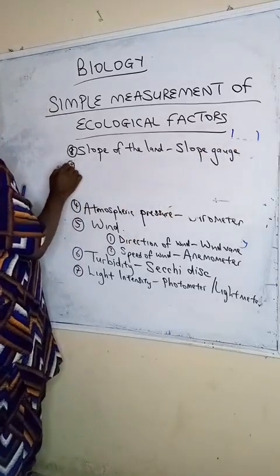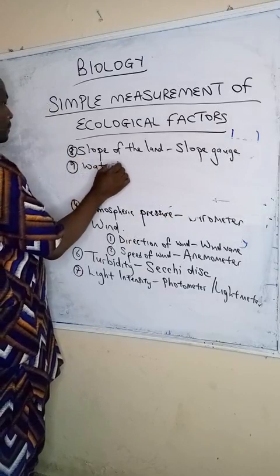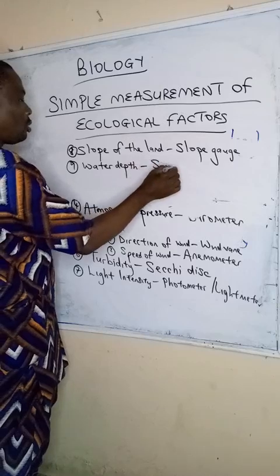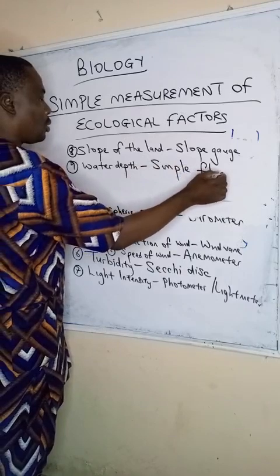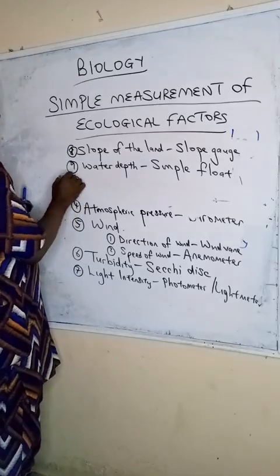Number 9, water depth. This is measured with a simple float. Number 10, water flow.